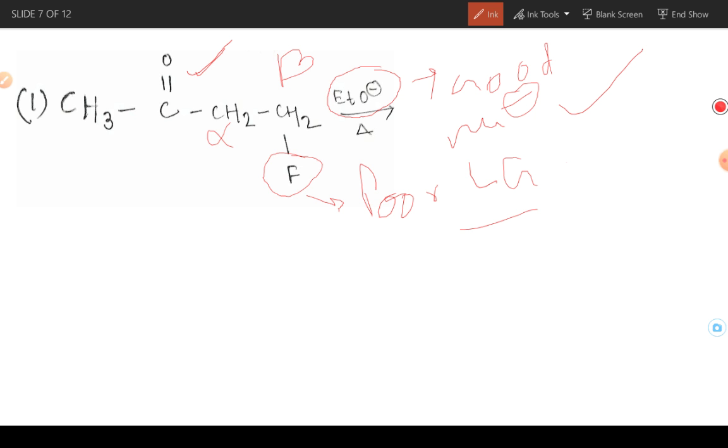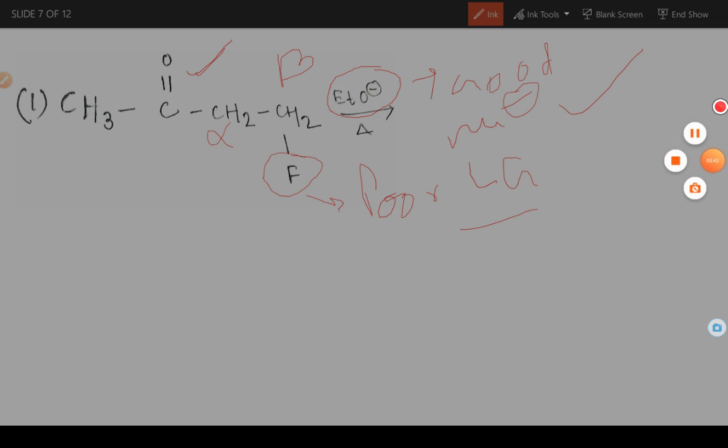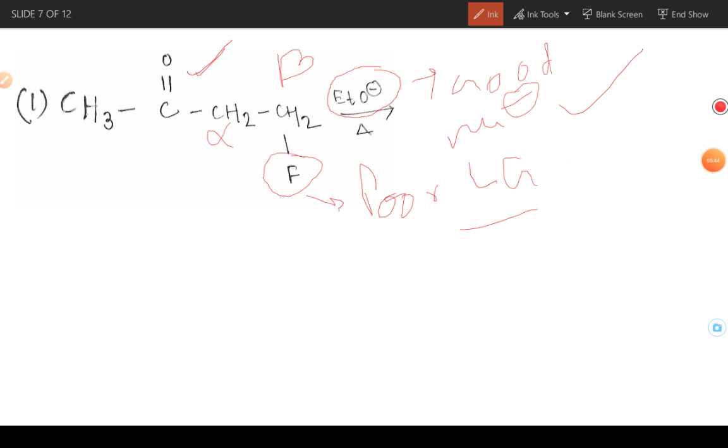Now we are going to remove hydrogen here. So let's see the first step. As I said, there will be removal of beta hydrogen. So in this first step, we are going to remove the beta hydrogen over here.